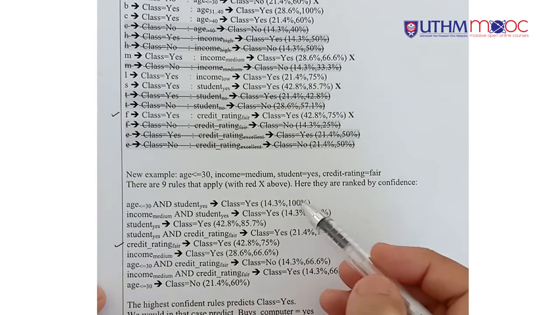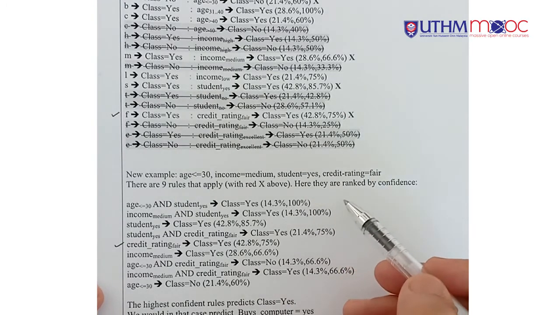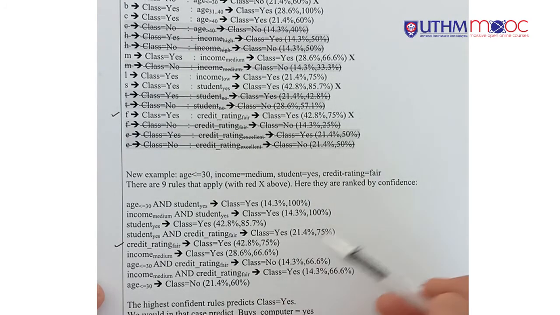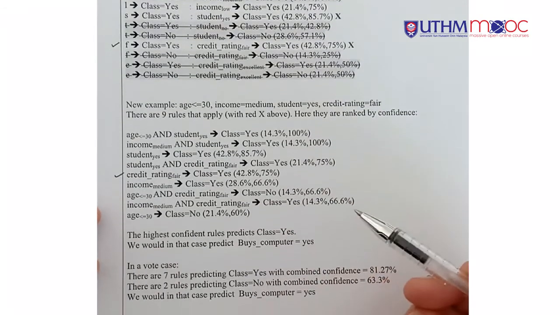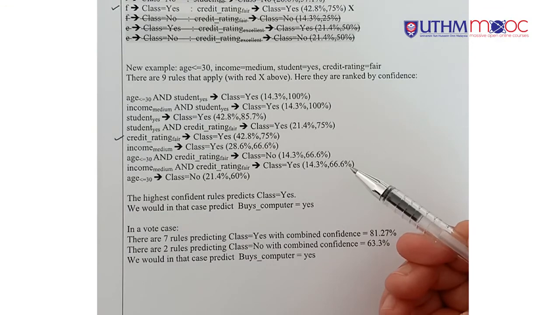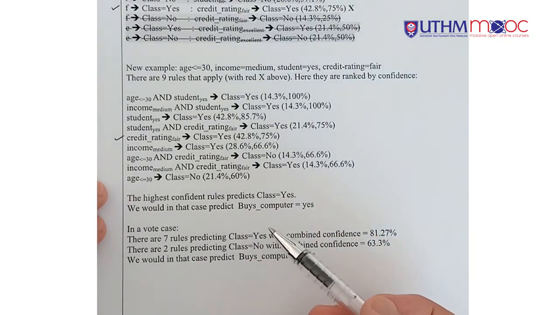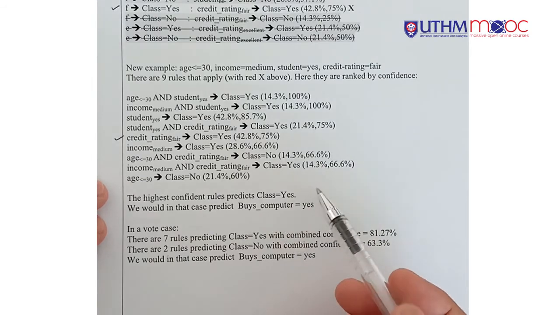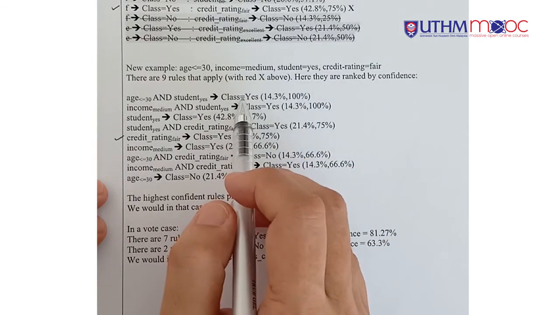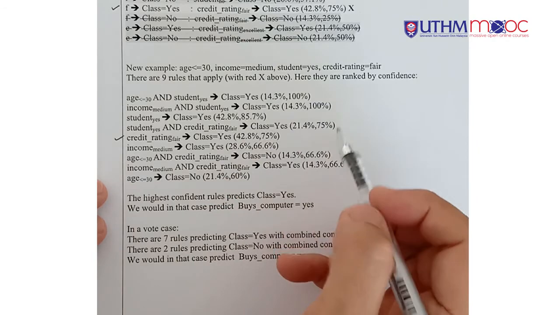So these are the confidence values: 100%, 100%, 85, 75, 66, 60. The highest confidence value predicts the class yes. So in this case, the highest confidence is 100%, predicting yes.